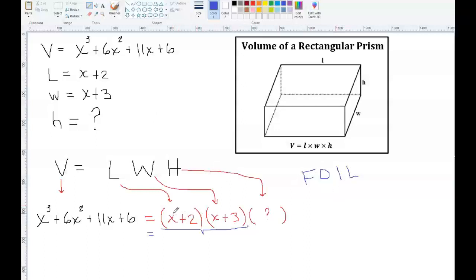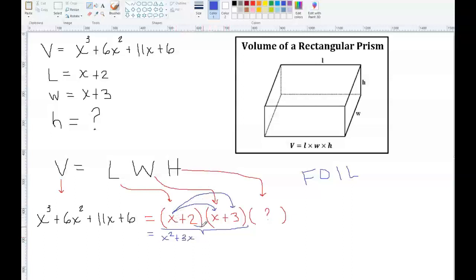But basically what I'm doing is I'm multiplying every term in this parenthesis by every term of the second parenthesis. So x times x, I get x squared. And then I'm going to multiply the x by the 3. So that's how I get 3x. I'm done multiplying the x by every term in the second parenthesis.